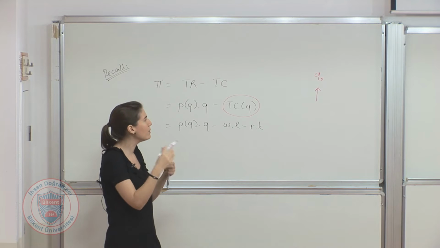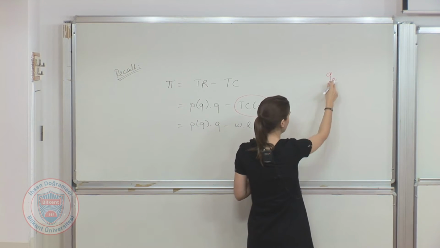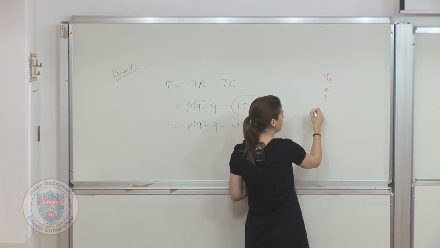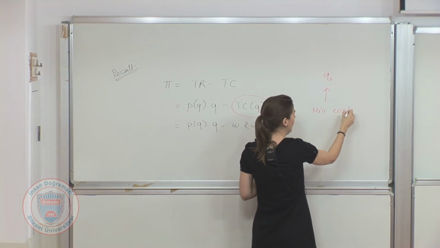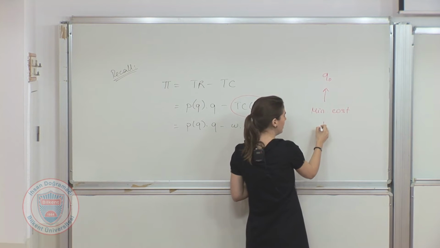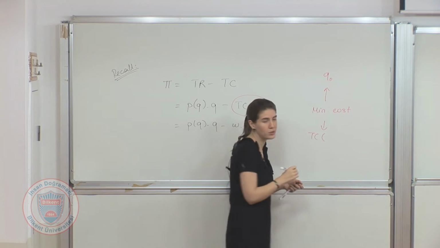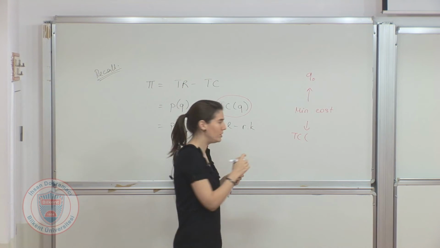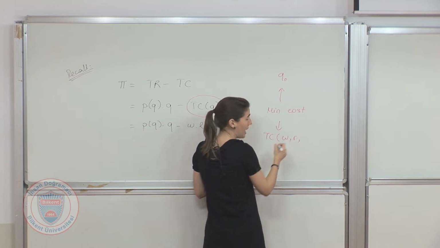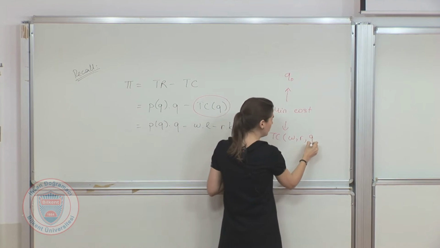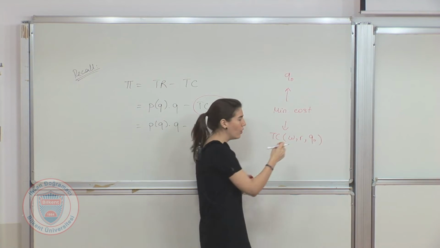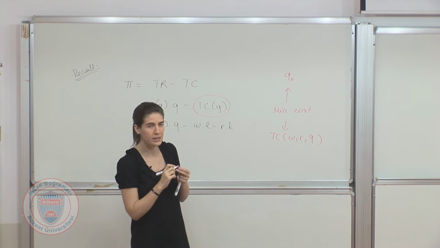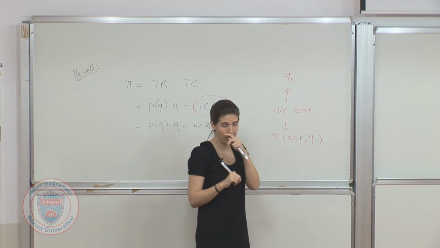You would like to produce this Q0 level at a minimum cost. And remember from here, we got the total cost function, which was a function of the input prices W and R, and of course the quantity Q0 that you would like to produce. For any level of Q, this is going to give you the total cost.